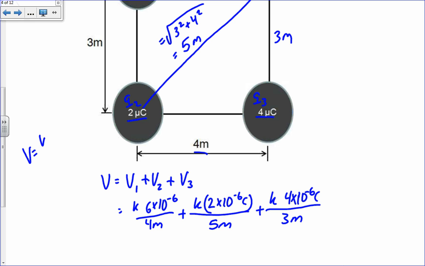V is equal to KQ over R. V is a scalar quantity, so I just add them right up. Using K equal 9 times 10 to the 9th, I get 2.9 times 10 to the 4th volts.